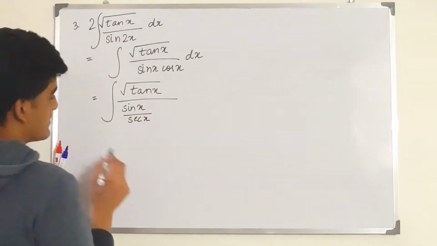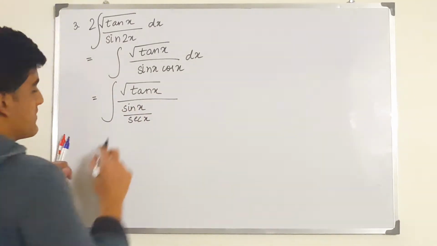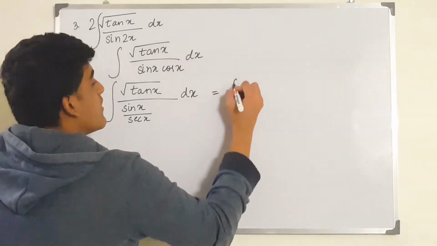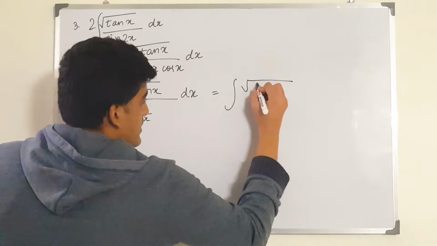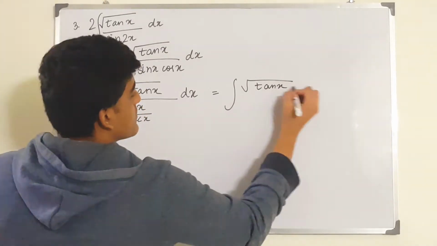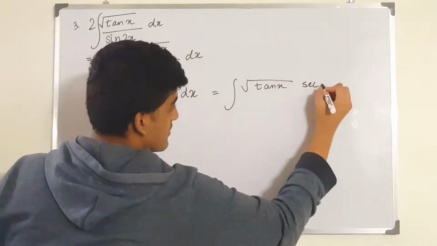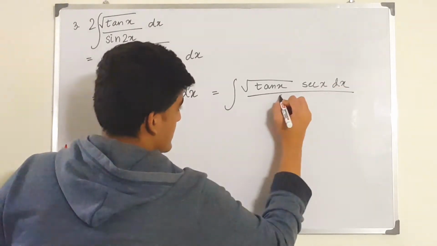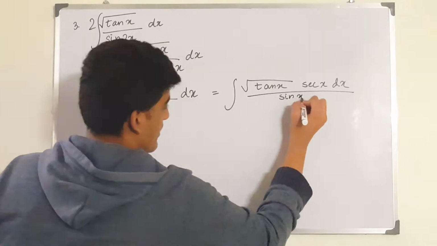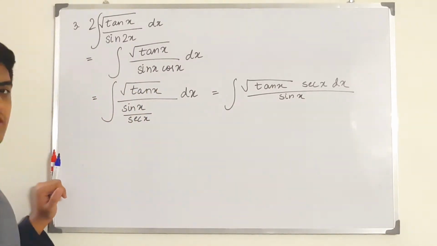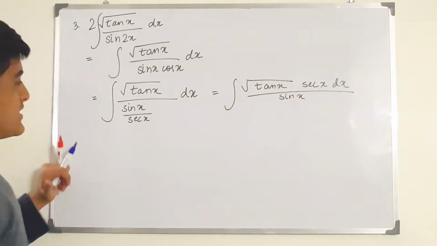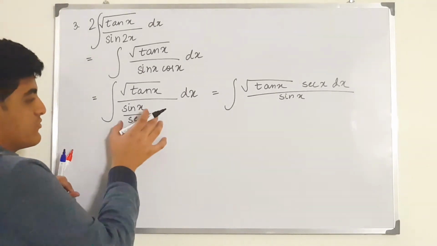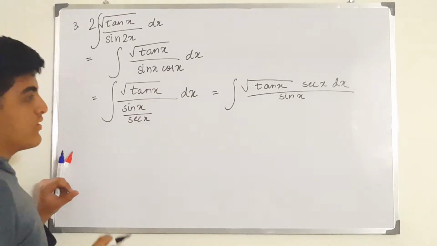Since cos x is 1 by sec x, we can write it like this, which then comes to be root tan x multiplied with sec x, divided by sin x. We're getting closer, you can feel it, right? So, you saw what I did, I just brought the sec x to the numerator.